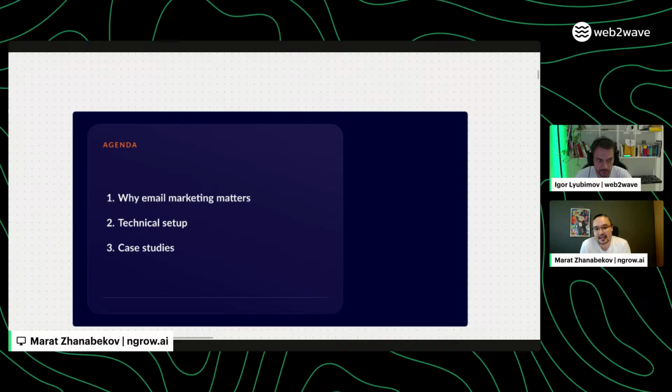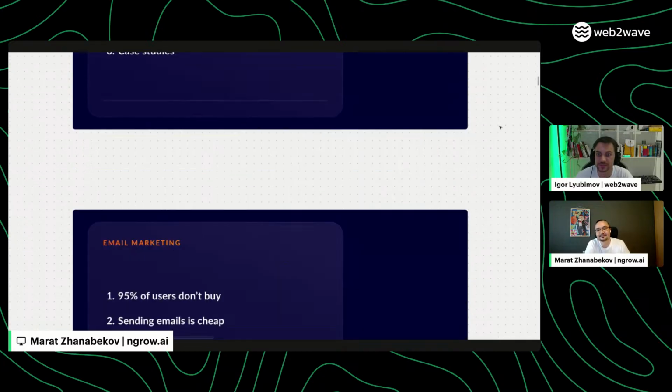The second part would be how to set that up from a technical perspective, what you need, and how to do that manually. And then we'll cover some case studies of our apps and other apps that exist on the internet, and I guess you all heard about them.